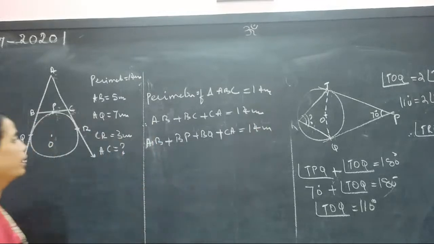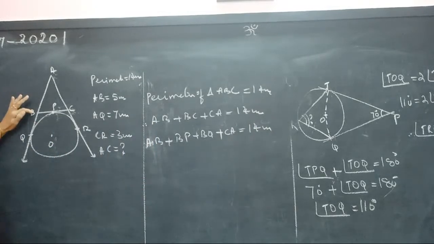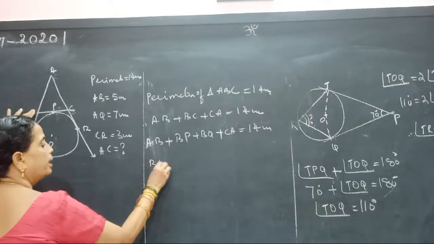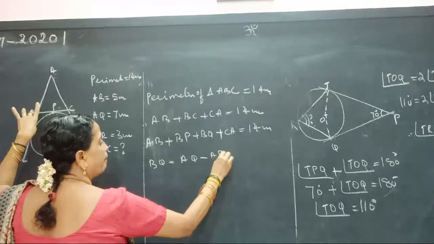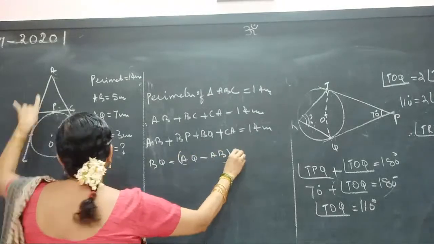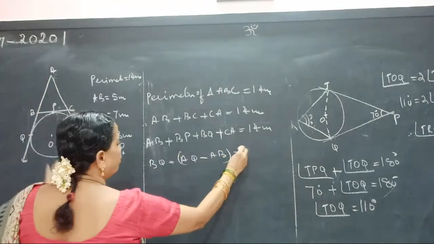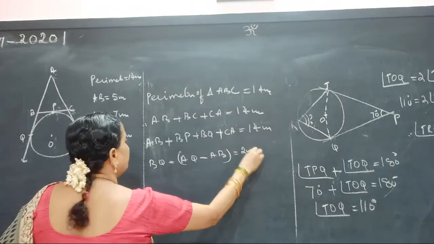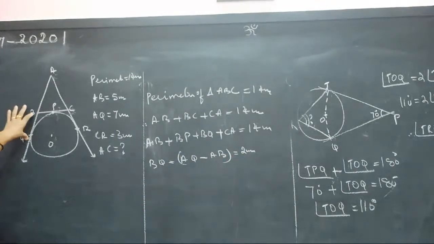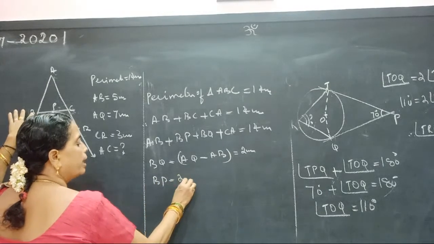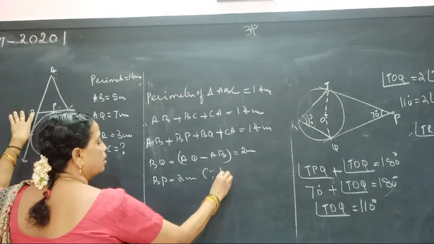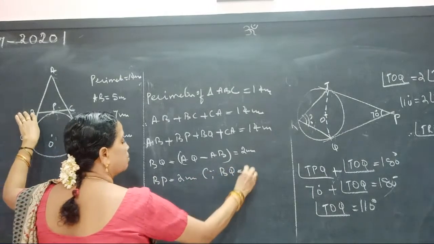Okay. Here it is given AB 5, AQ 7. So BQ will be BQ equals AQ minus AB. That is 7 minus 5, it is 2 centimeter. When BQ is 2 centimeter, BP is also 2 centimeter, since BQ equals BP.